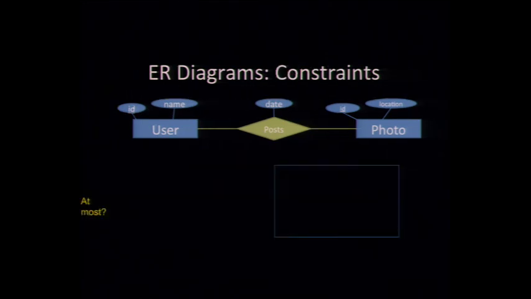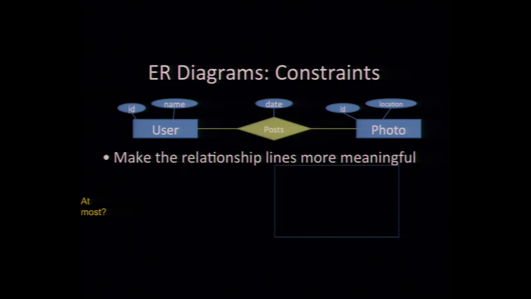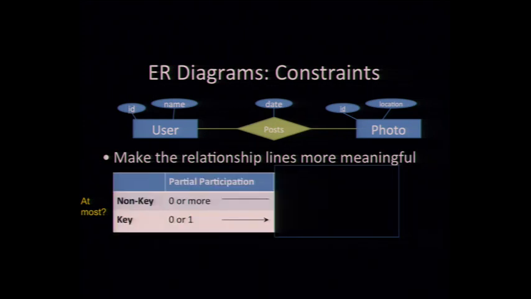The last thing we do is talk about constraints on these relationships to make the lines in the diagram more meaningful. There are 4 different types. We have key constraints, which answer the question, at most, how many times can this entity participate in this relationship? So at most infinity, or at most 1. At most infinity is a non-key, but if you say it's at most 1, then you have a key.